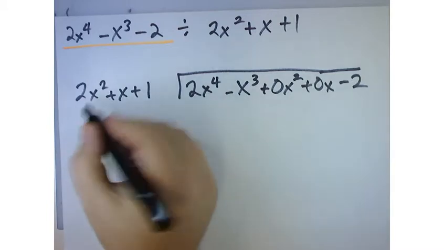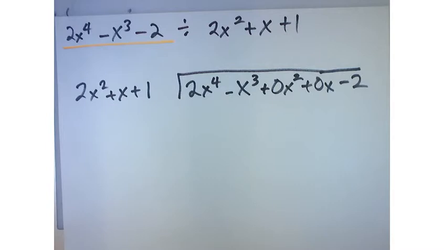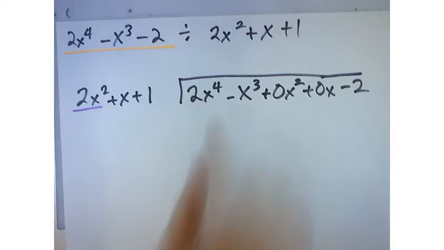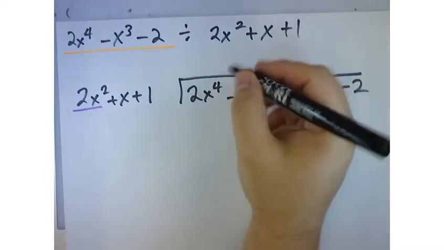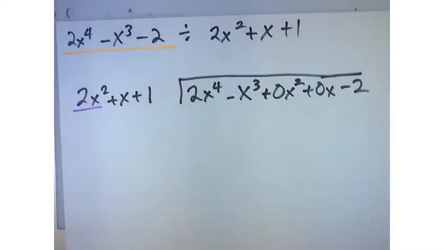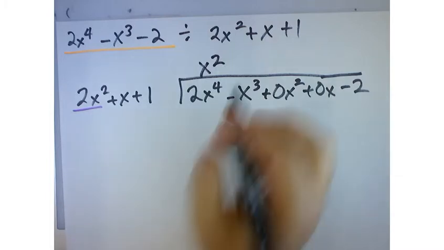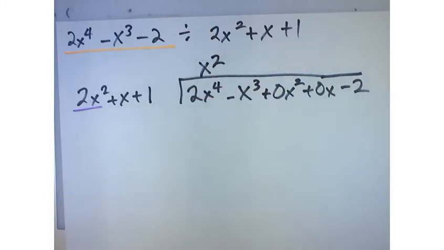What do I multiply 2x squared by to get 2x to the 4th? x squared. That's it. So I'm going to write down x squared. Now I'm going to multiply x squared by 1. What is that? x squared.